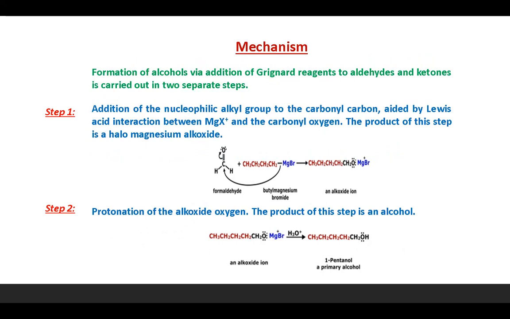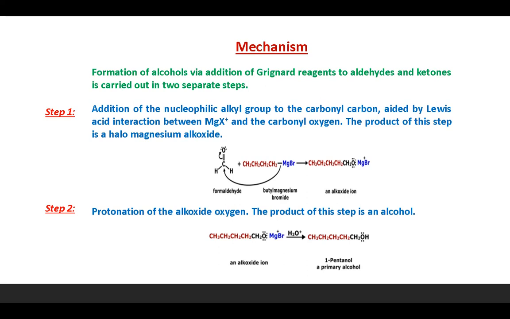Mechanism: formation of alcohols via addition of Grignard reagents to aldehydes and ketones is carried out in two separate steps. Step 1 involves the addition of the nucleophilic alkyl group to the carbonyl carbon, aided by a Lewis acid.